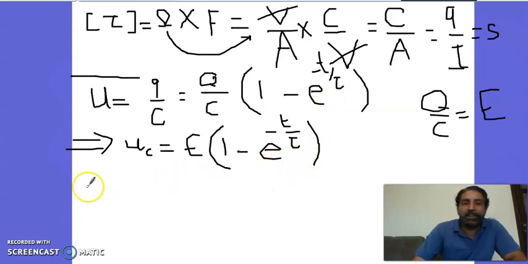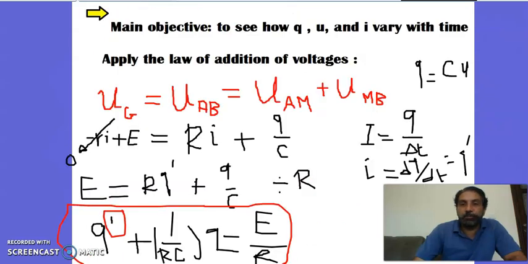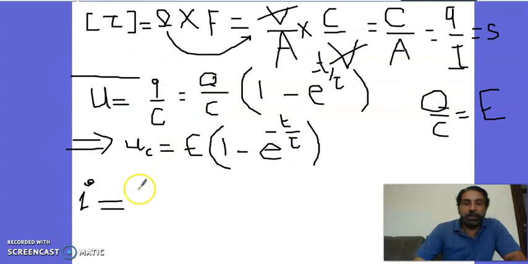Now let's get the electric current. I, electric current in the circuit, I equal. Let's go back to the expression of the current. It is what? The current I equal Q prime, the derivative of the charge, right? So I equal Q prime.